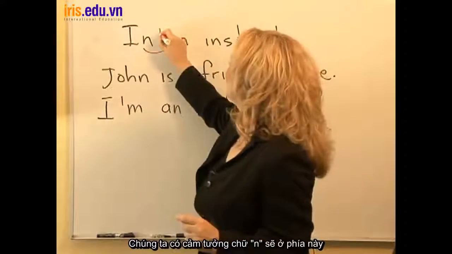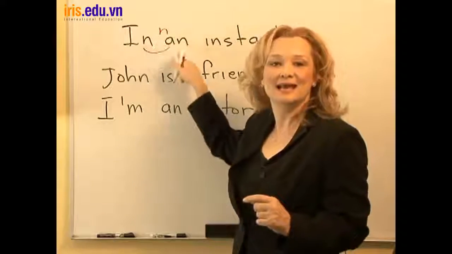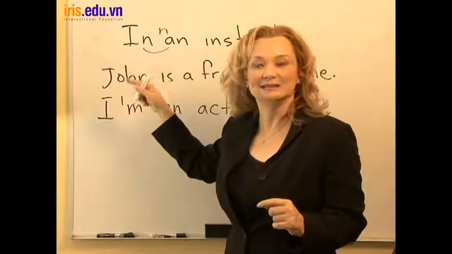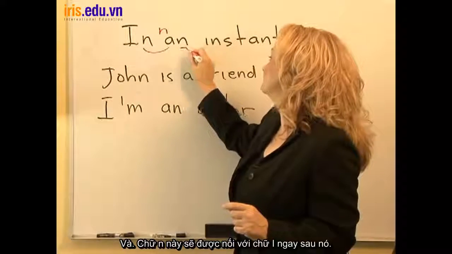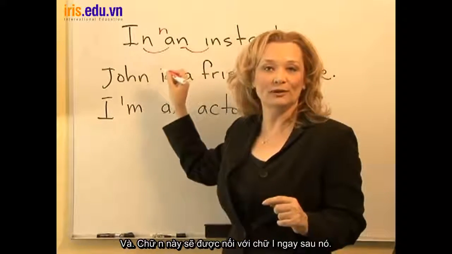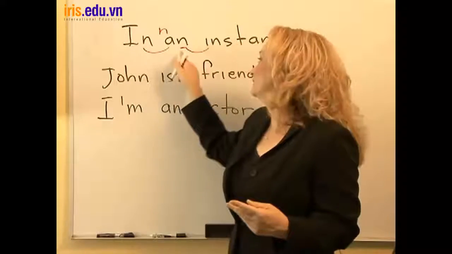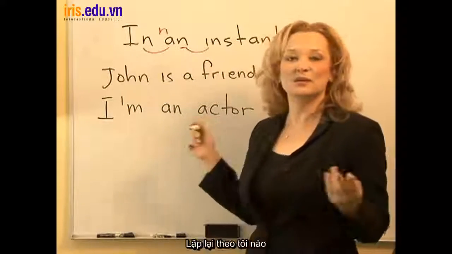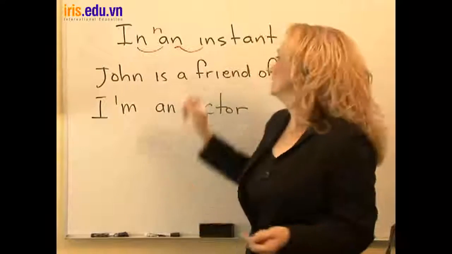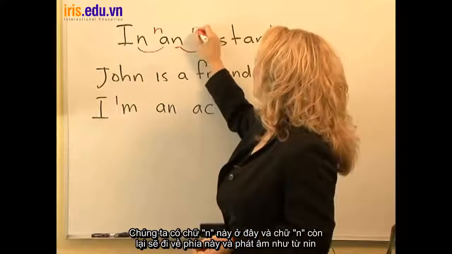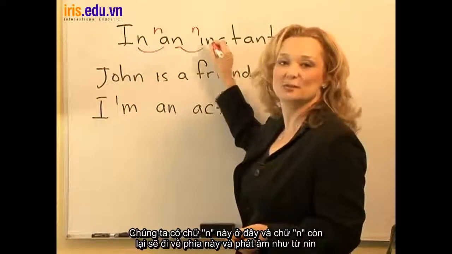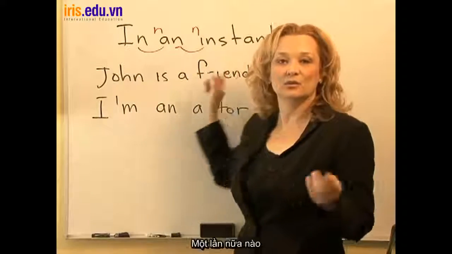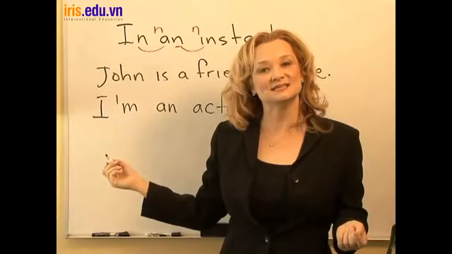So it's kind of like this N is over here, and this N is connected to the following vowel, I, ninstant, in an instant. Repeat after me, in an instant. So we have the N over here and we have the N joined to this part and it sounds like nin. One more time, in an instant.